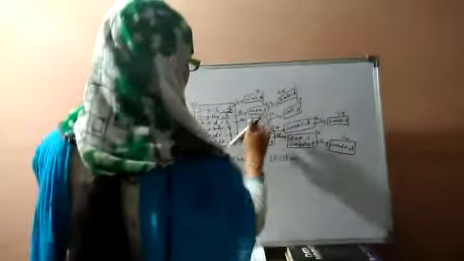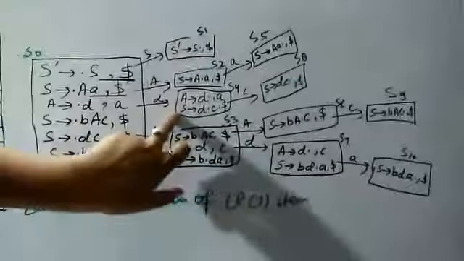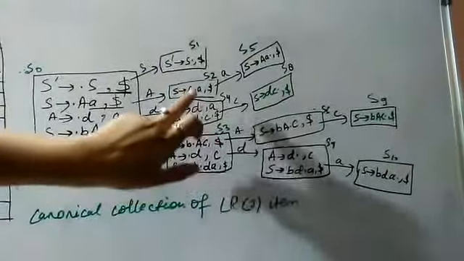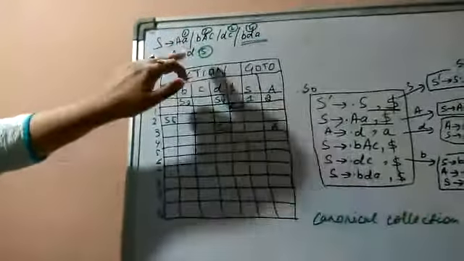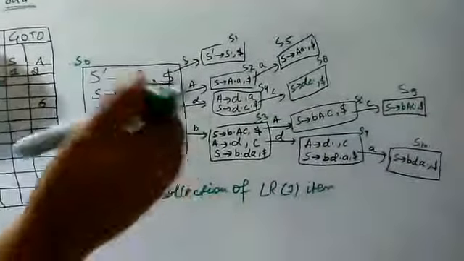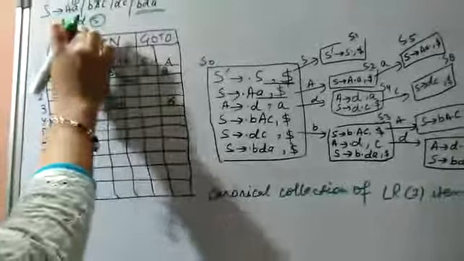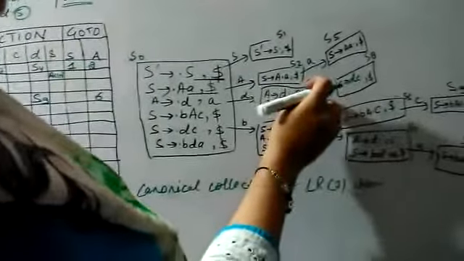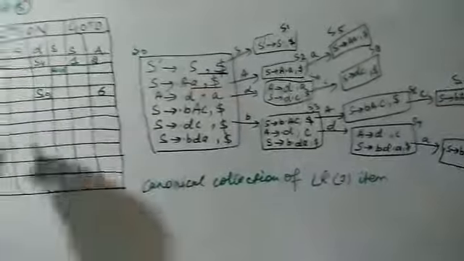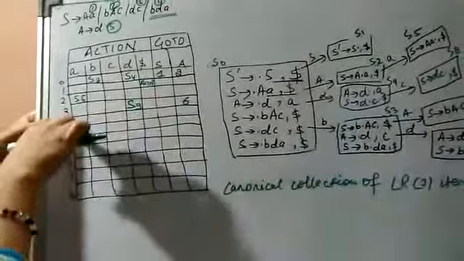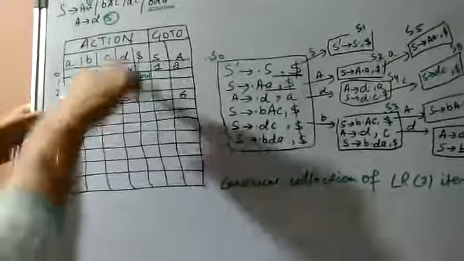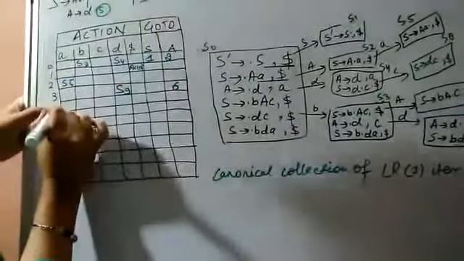And now deal with this S4. S4 has two production rules, means A to D dot and S to D dot C. So check that A to D dot has which production number, means R5. Dot in the end means we have to do the reduction. So R5 will go directly into the look ahead of this state. So R5, in the row 4, will go into the A column.